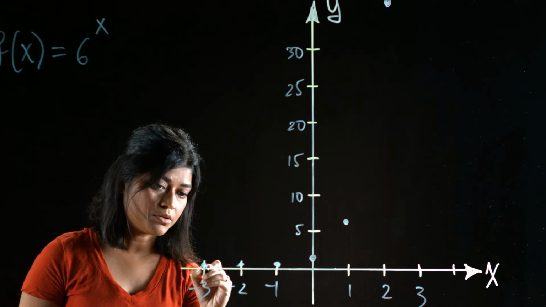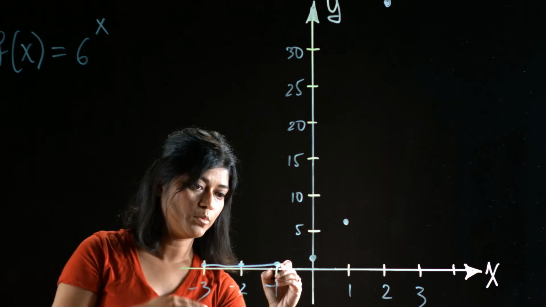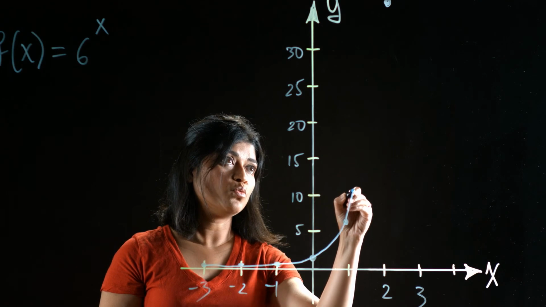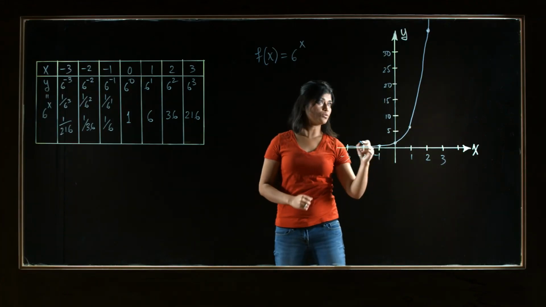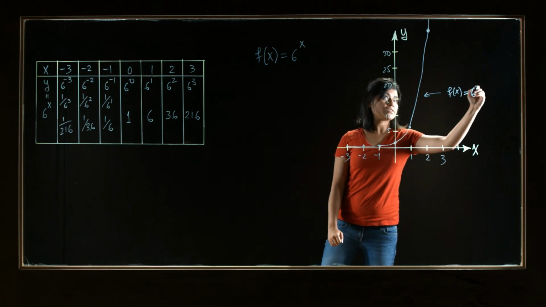So you get the idea that here it will be hugging the x-axis almost, and it will increase without bound on the right-hand side. So that will be the graph of 6 to the power x.